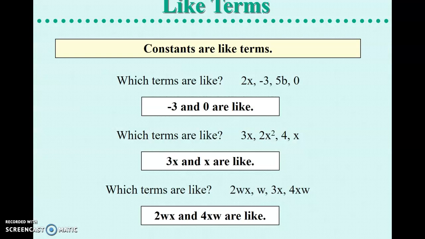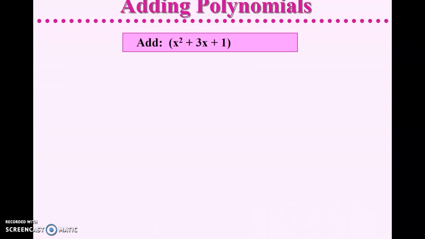If you have any questions on these, make sure you raise your hand and get those cleared up right away. Before you do this part, go ahead and using a highlighter or a pencil or a pen, I want you to shade in the boxes that are like terms to the first term.